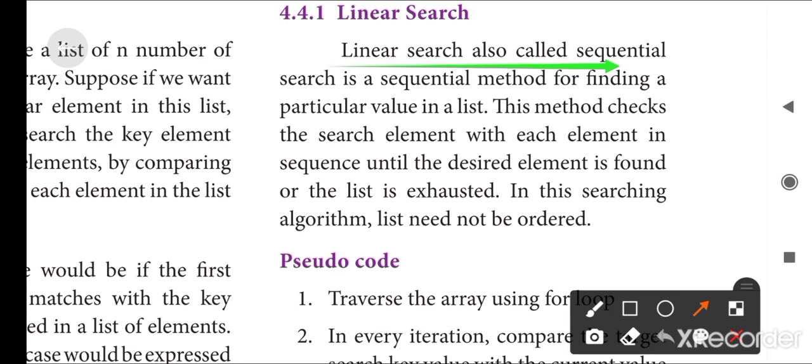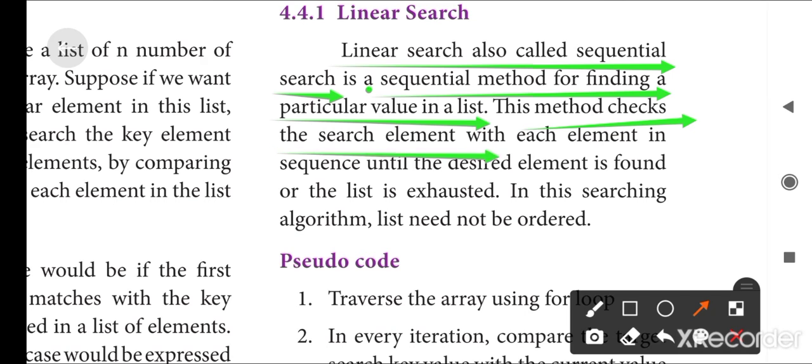Linear search, also called sequential search, because if we want one element, the elements should be checked one after another. It is a sequential method for finding a particular value in a list. This method checks the search element with each element in sequence until the desired element is found.